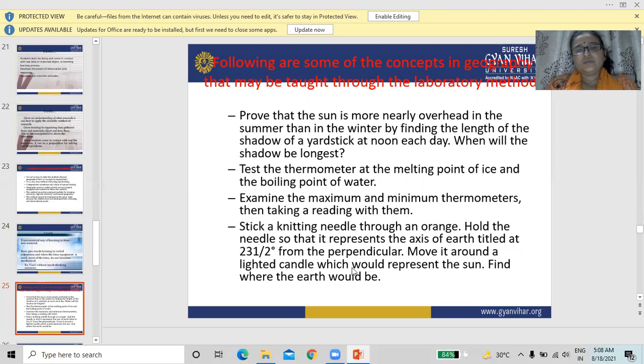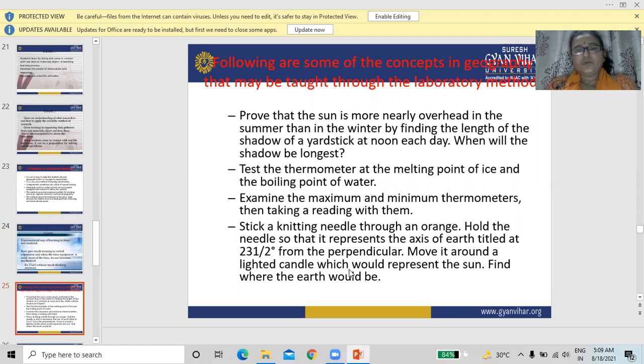Stick a knitting needle through an orange. Hold the needle so that it represents the axis of the earth, tilted at 23 and a half degrees from the perpendicular.